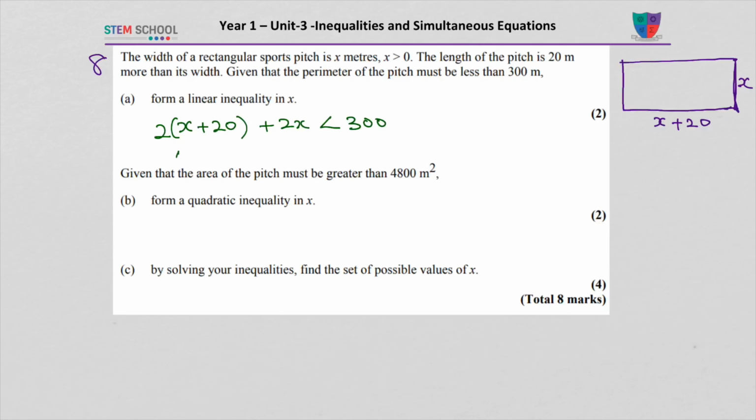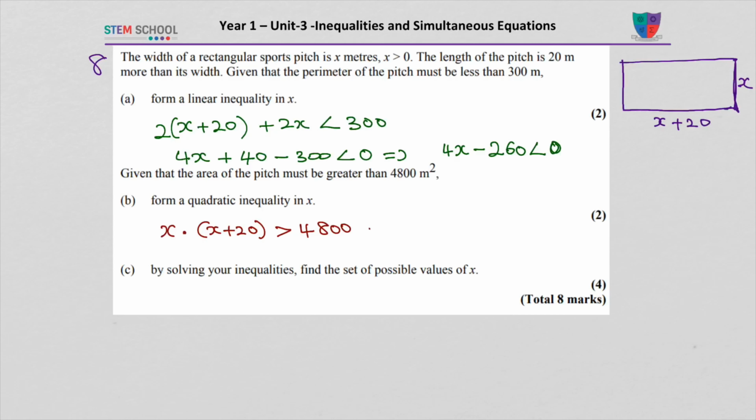Given the area of the pitch must be greater than 4,800 meters squared, form a quadratic inequality in x. Right, so the area of the rectangle would be x times x plus 20, and that must be greater than 4,800.